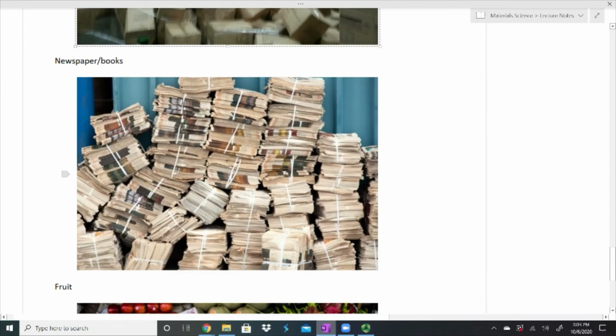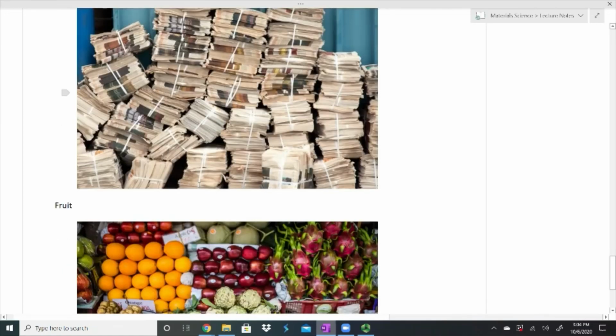There's this reddish image here that maybe has 10 newspapers stacked, and we see that same reddish image at the same location for all 10 of those newspapers. There we have definite order. But the fact that all these bundles are flip-flopped back and forth, some are tipping over, again, there is order within each bundle, but all the bundles together are facing different directions, so this would be similar to a polycrystal.